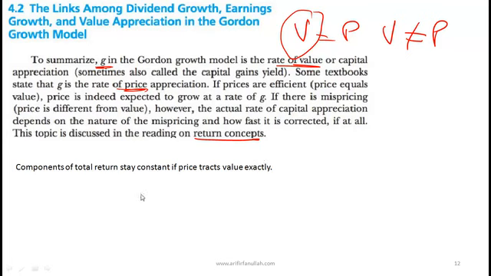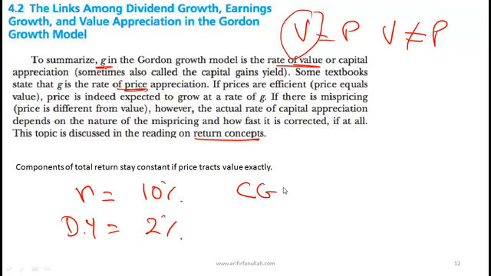Another core point: if the required rate of return is 10% on a given stock, and you are given that the dividend yield is 2%, can you, without doing any further detailed calculation, say what the expected capital gain yield is? 8%.